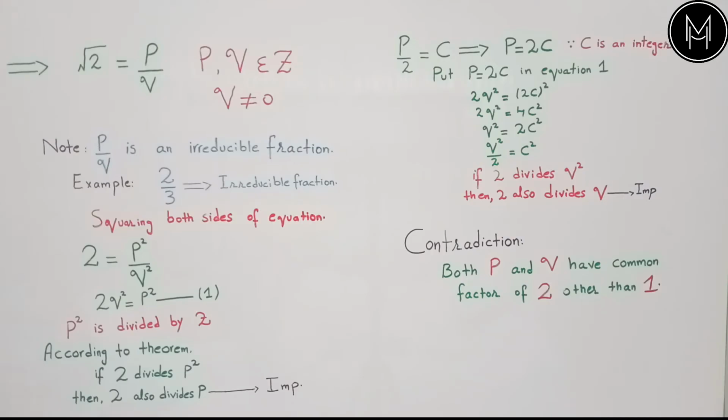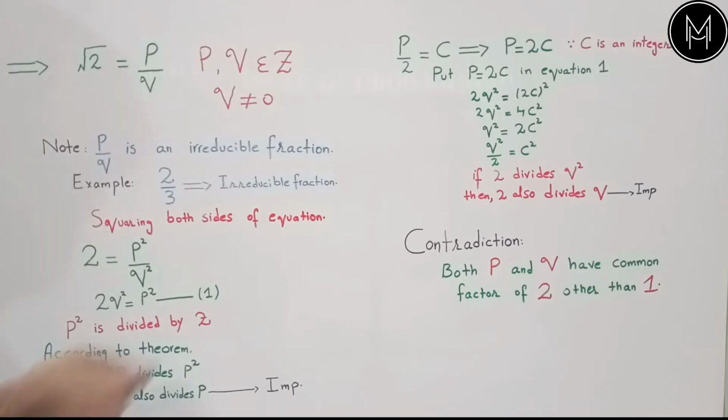For example, if 2 divides p square, then the prime number 2 also divides p according to the theorem. So this is our important statement to memorize.